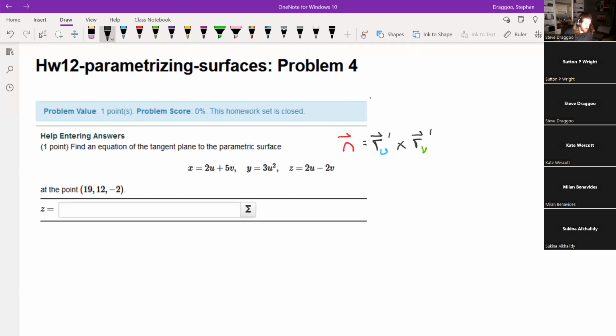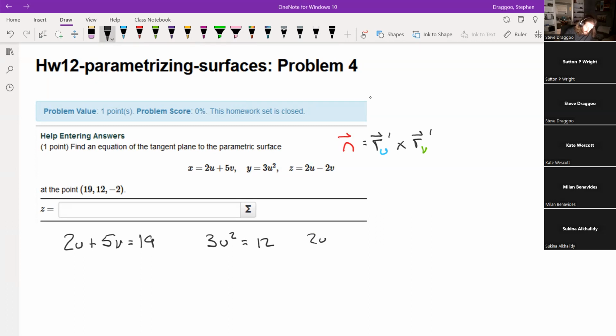Before we get the partial derivative vectors, why don't we solve for u and v? So we end up with 3 equations and 2 variables. So I've got 2u plus 5v equals 19. I've got 3u squared is equal to 12.